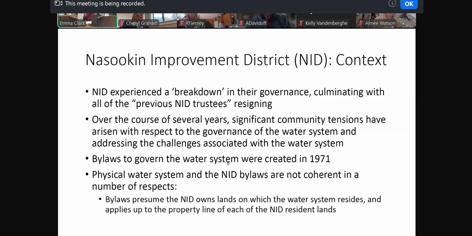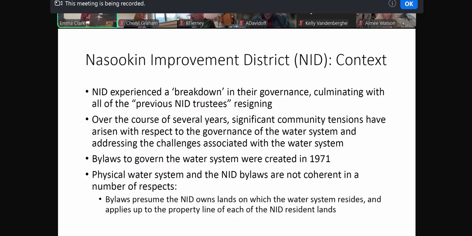So this was, as I mentioned earlier, a grant to try and address their governance issues. There had been a breakdown in their governance, with all their trustees resigning over tensions. And over the course of several years, a lot of community tension developed around where to go with their water systems. That's how I ended up becoming engaged.